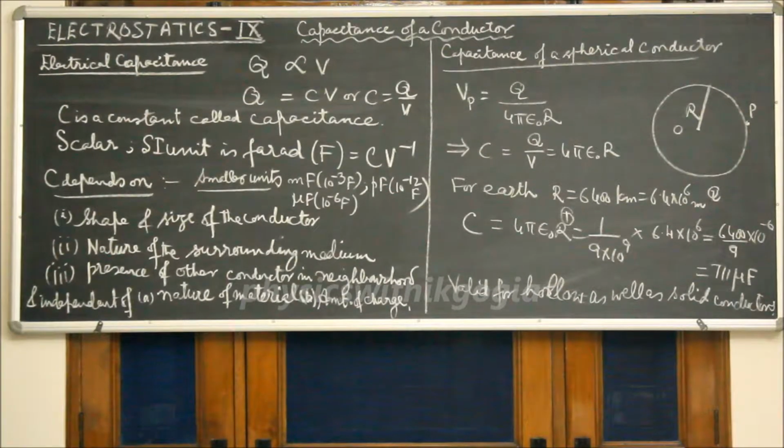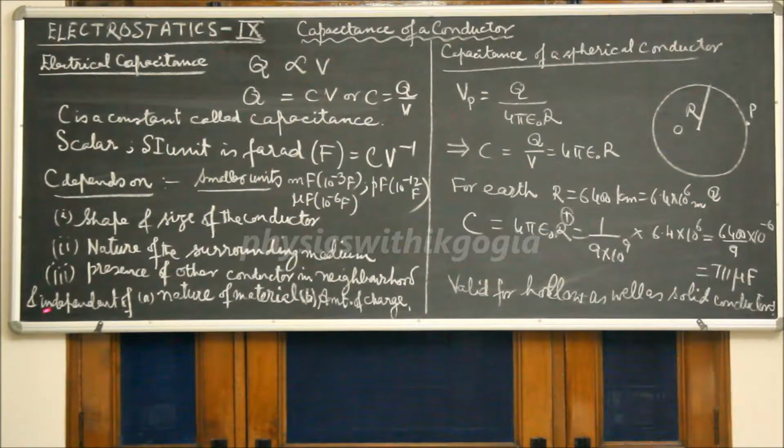The capacitance of a conductor depends on its shape and size, nature of the medium in which it is placed, and also on presence of other conductors placed in its neighborhood. If we keep another conductor close to a conductor, the capacitance changes, as we will see a little later.